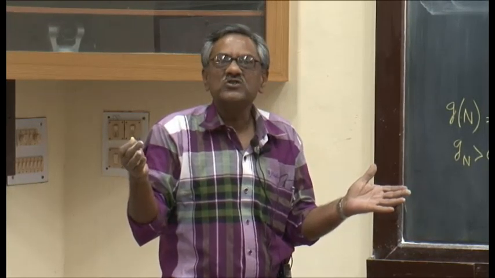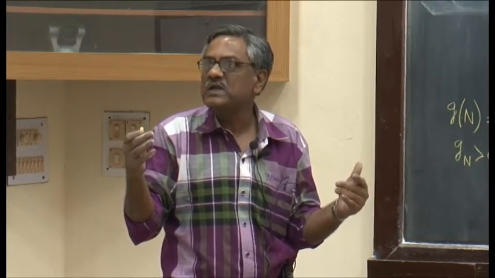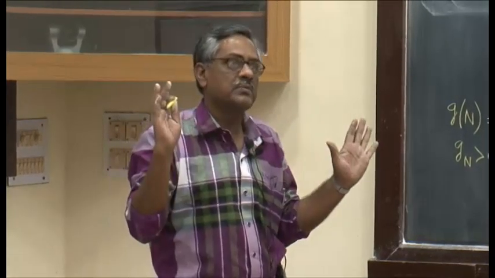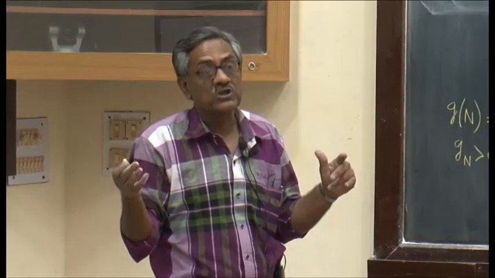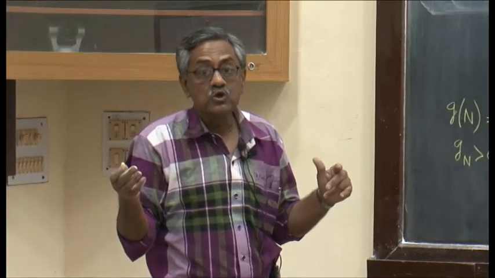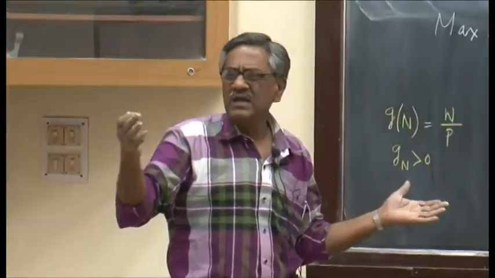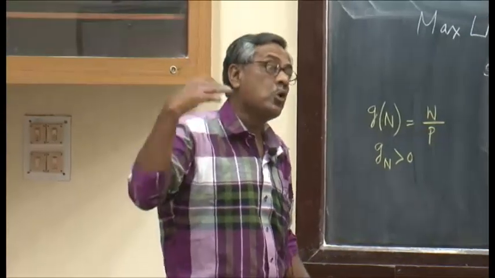So that positive relationship with the number of hours working, or the inverse relationship between W over P and leisure, may disappear and get replaced by a perverted relationship. So as W over P increases, I take more leisure because I have enough. Earlier I used to work 12 hours. Now with 8 hours of work, I earn more than that.